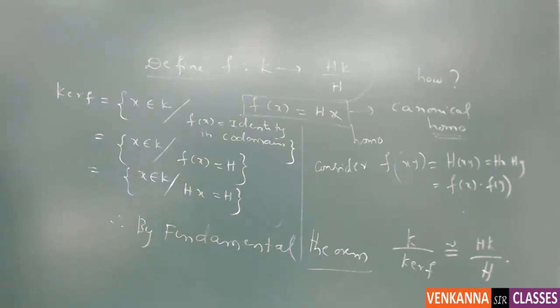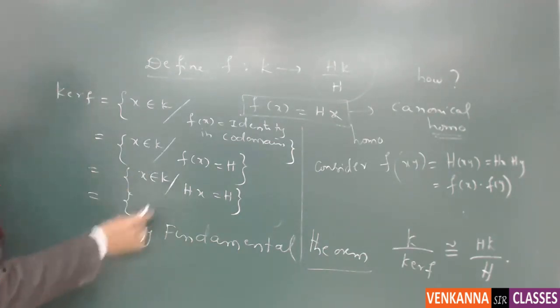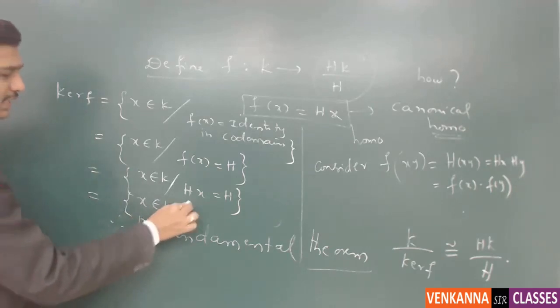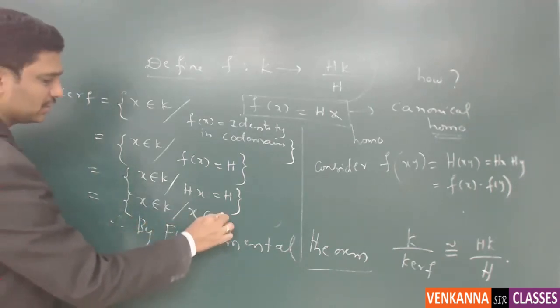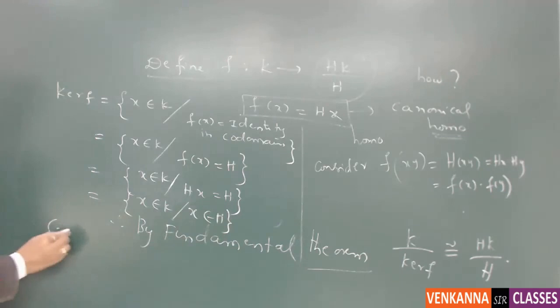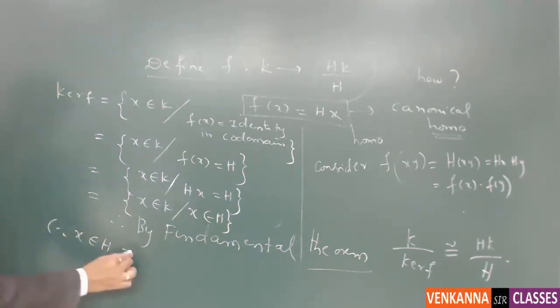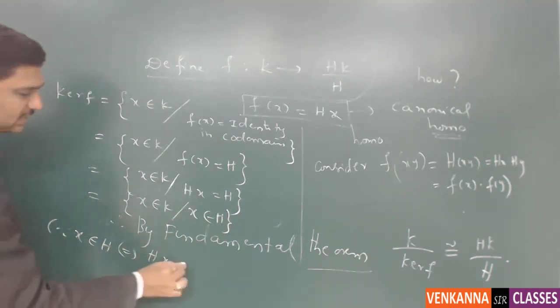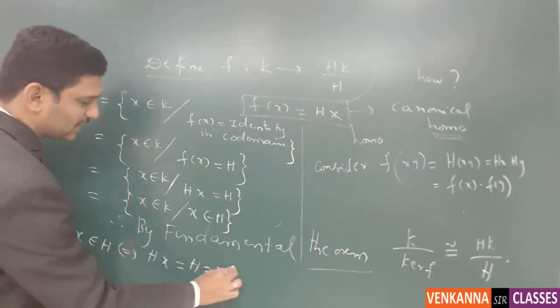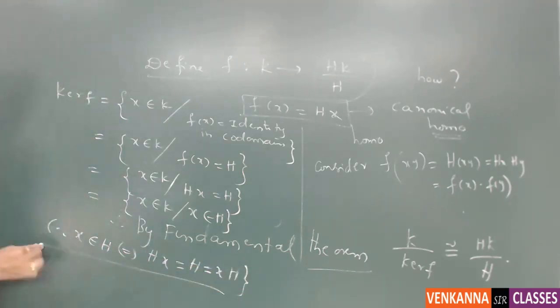Again, we have one good famous result in cosets. This is nothing but x belongs to K such that x belongs to H, since we have the result that x belongs to H if and only if Hx is equal to H is equal to xH. Could you recollect this result? In cosets we have discussed this. How to prove this? We have discussed that.